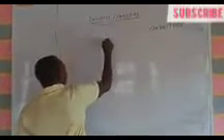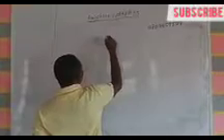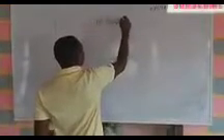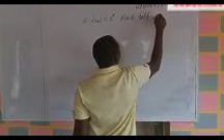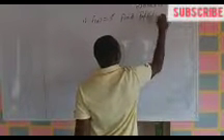So the questions go thus. Question 1: if f of x equals 3 raised to x, find f of x and f of 2 minus x.